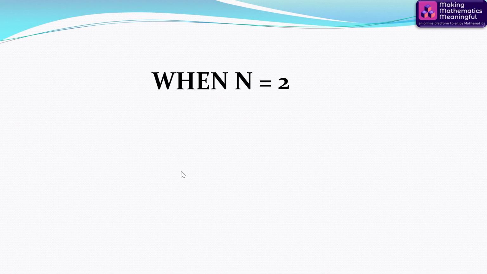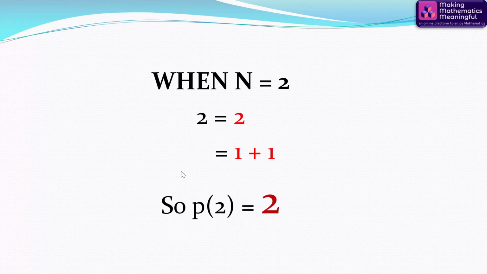When n is equal to 2, we can write 2 as 2, of course, and it can also be written as 1 plus 1. So, p of 2, the total number of ways, is 2.